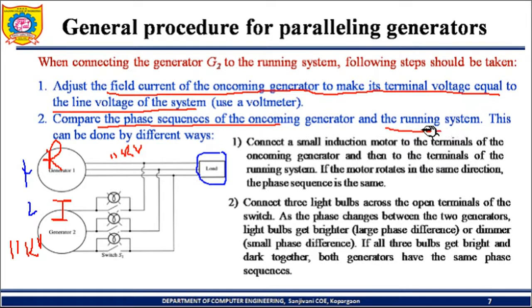Running system means maybe a running alternator or an infinite bus, and this can be done in two ways. One, you can connect a small induction motor to the terminals of the oncoming generator, and then to the terminals of the running system.